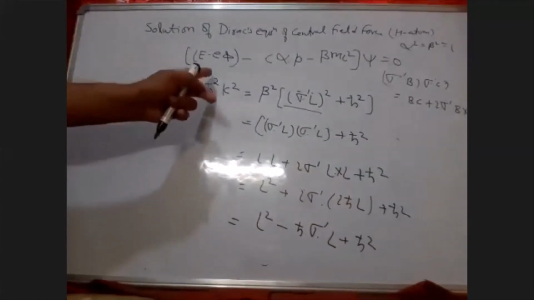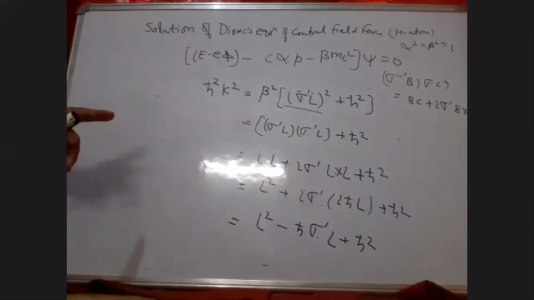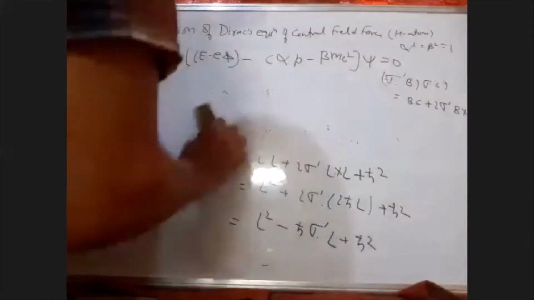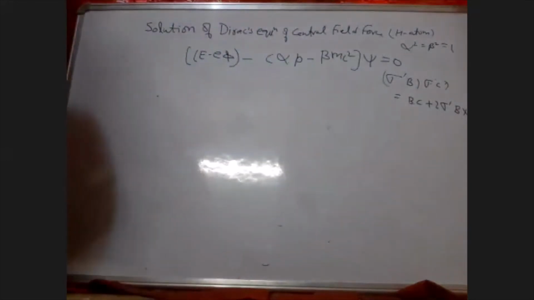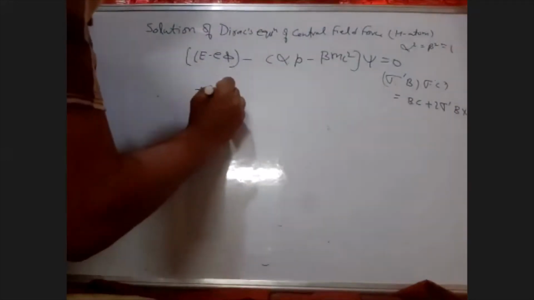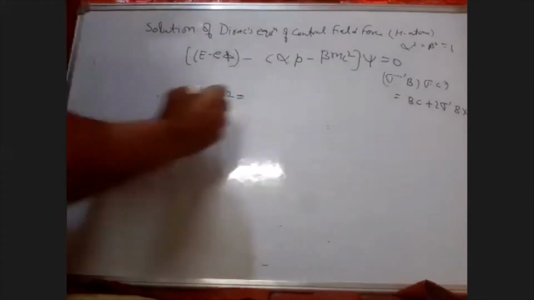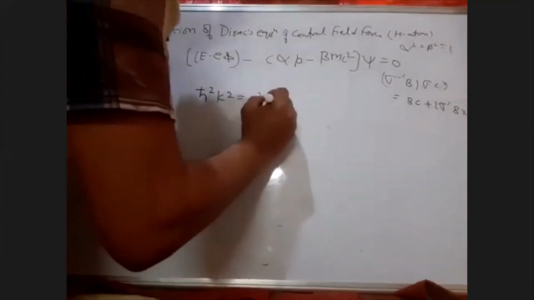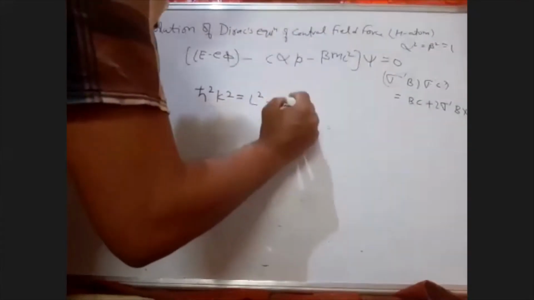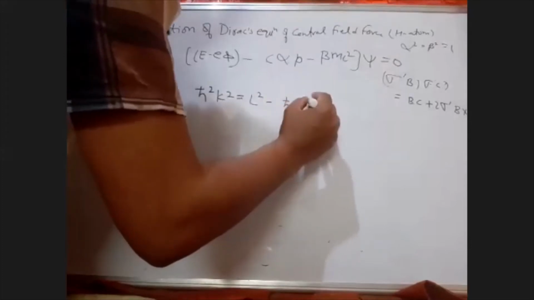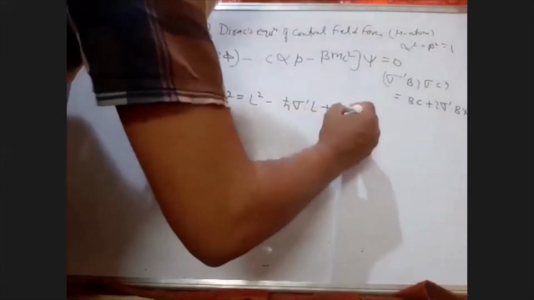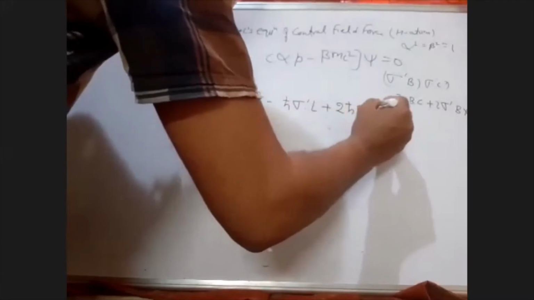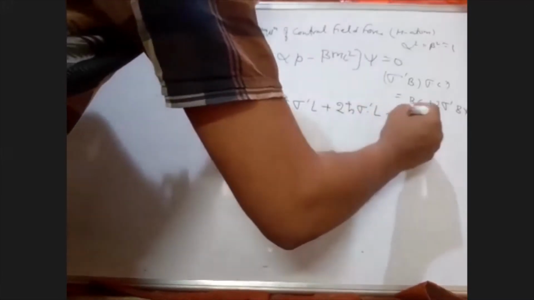So the value of h cross square K square is equal to L square minus h cross sigma dash dot L plus 2 h cross sigma dot L plus h cross square.